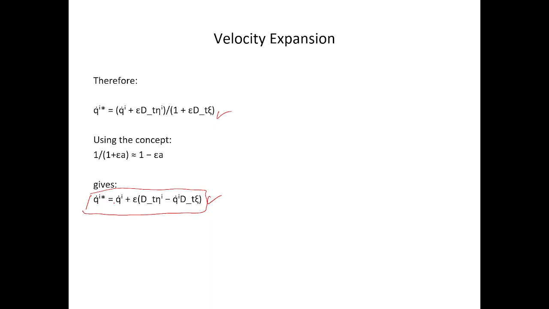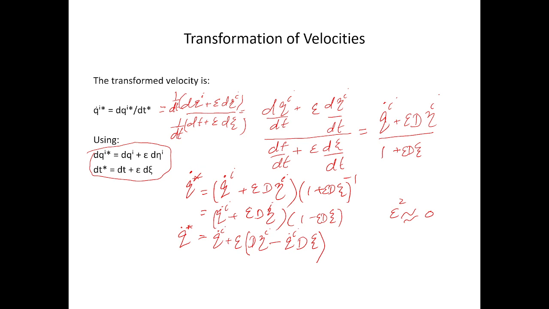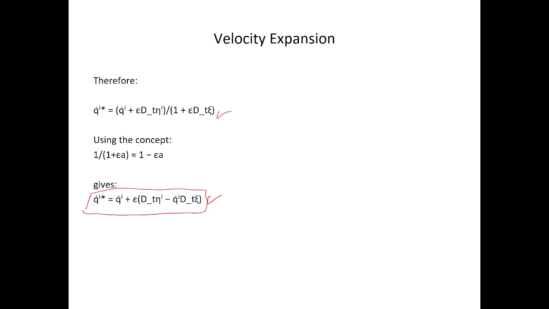q i dot star equals q i dot plus epsilon times D eta i minus q i dot D xi. Here D is in fact the total differential with respect to t, you can write it as d by dt. This formula is written over here, so that is the velocity infinitesimal transformation.